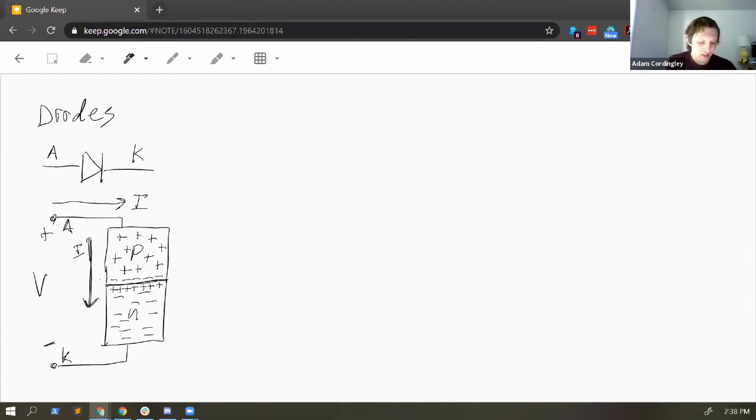There's actually a handy equation that you can use to find this, and it's known as the Shockley diode equation.